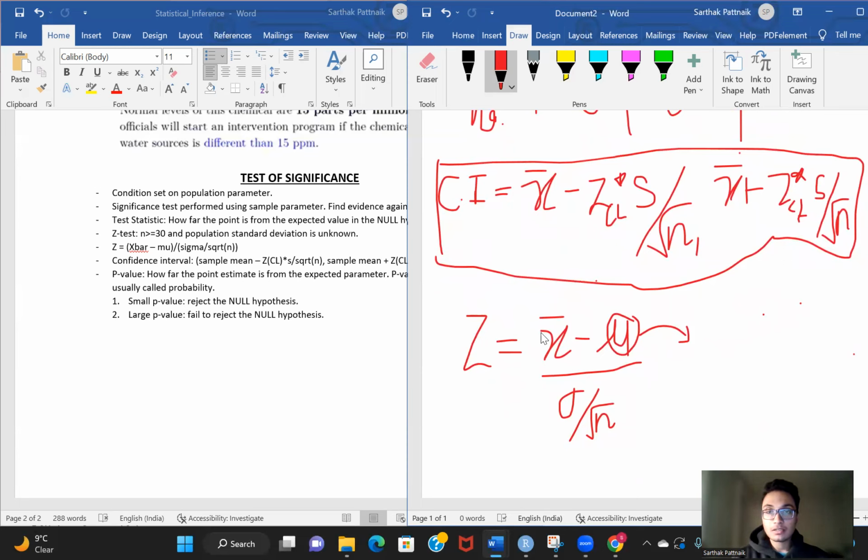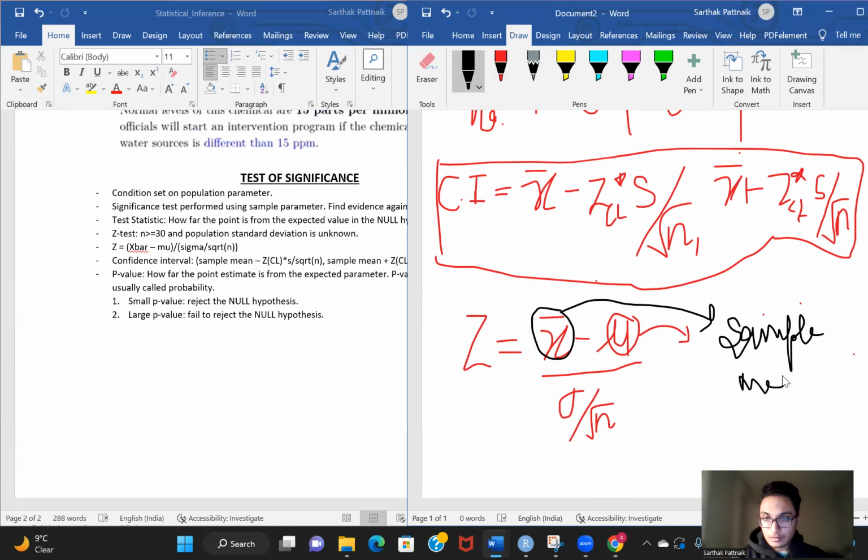X bar is nothing but the sample mean, sigma is standard deviation, and n is the number of samples. This mu is the population parameter at null hypothesis. This z value is the test statistic for Z test.